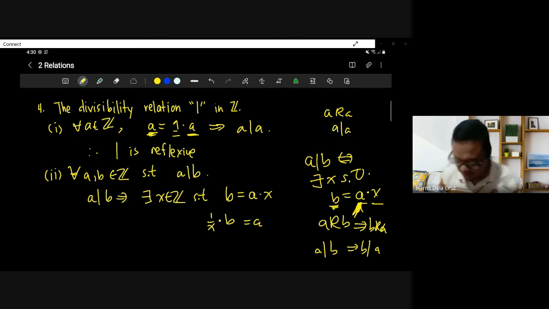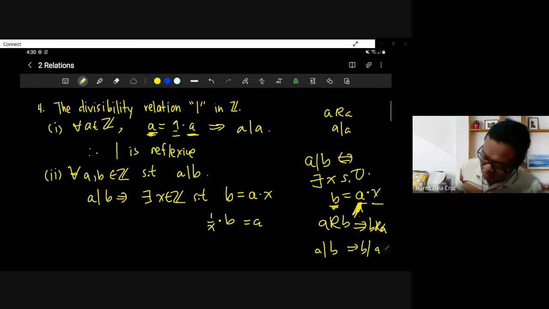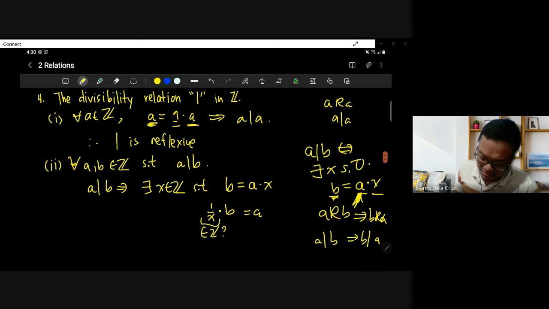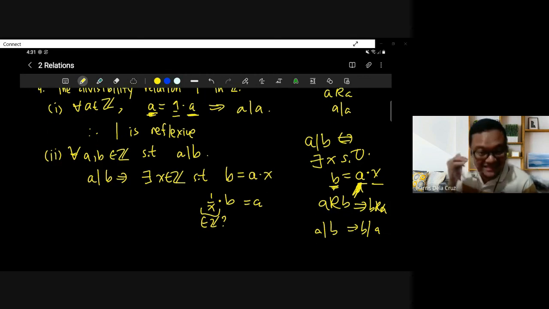Now, ang tanong, nasatisfy ba niya yung condition ng divisibility? Well, ano ba sabi ng divisibility? Kailangan yung i-multiply mo kay B, integer din. Yun ang tanong. Yan ba integer? We know that 1 over X is not an integer if and only if X is not 1.